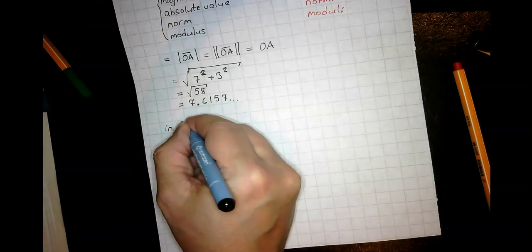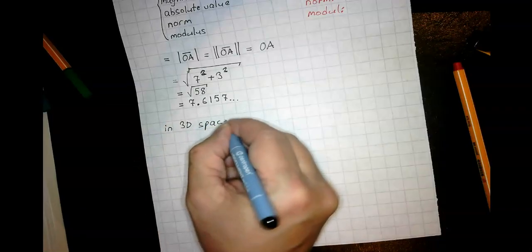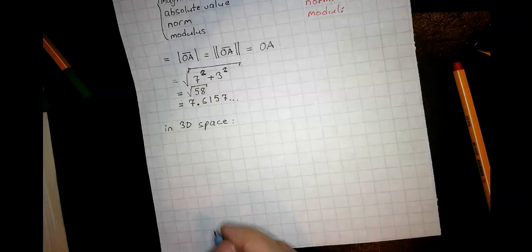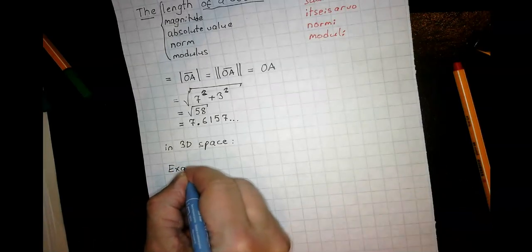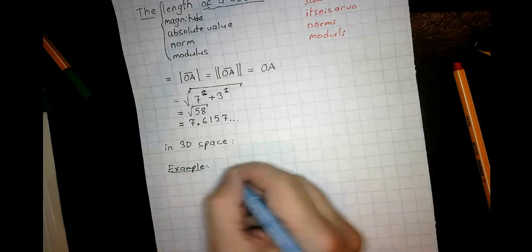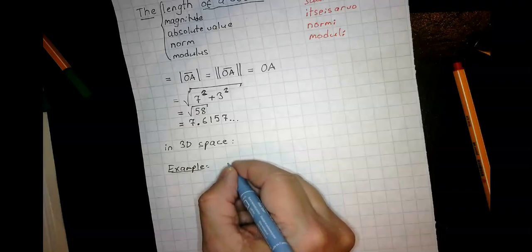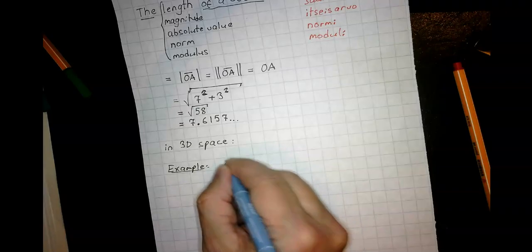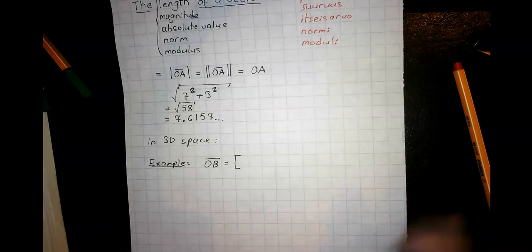For example, in 3-dimensional space, if we have an example vector, let's take for example vector OB, and I will use this notation here.